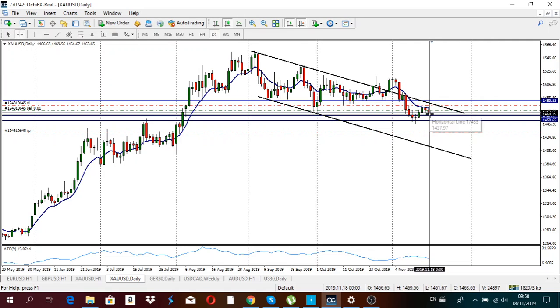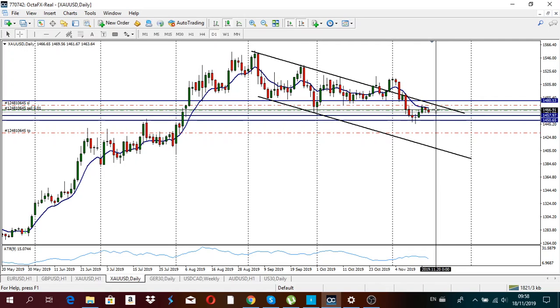My risk reward here is, as we can see, my entry is around 1466. My stop is, let's say, $7. My reward is about 34.